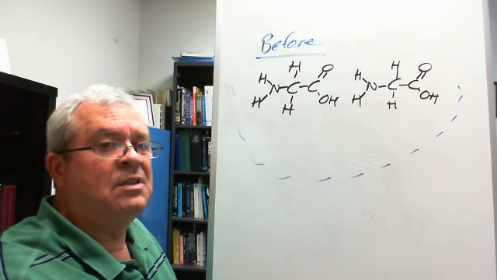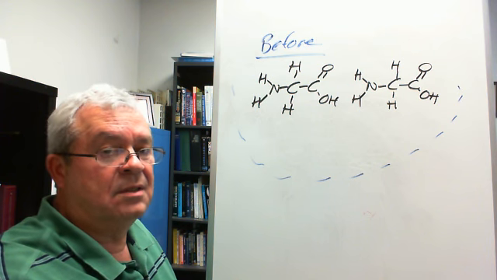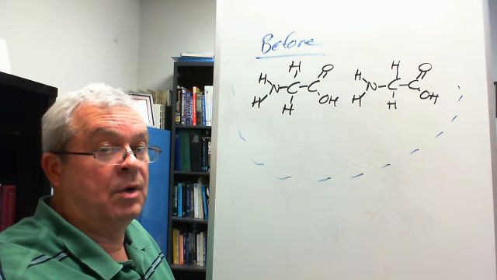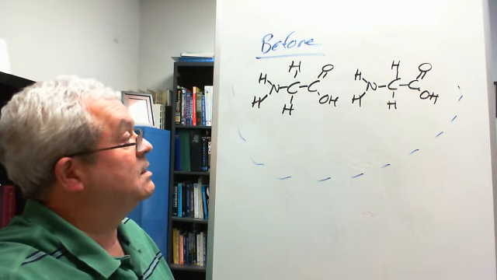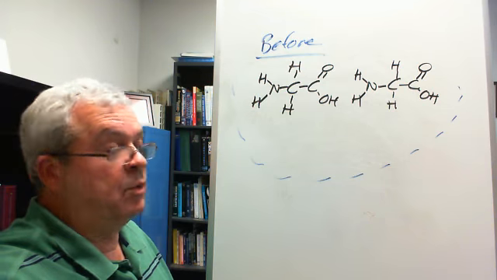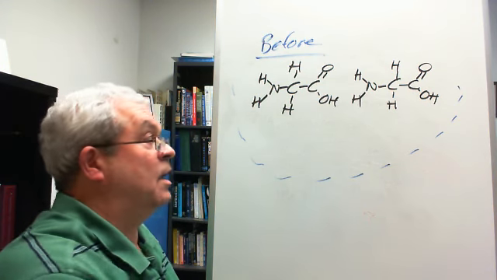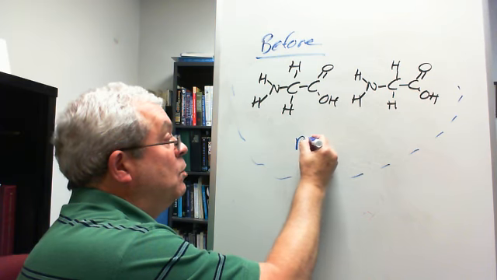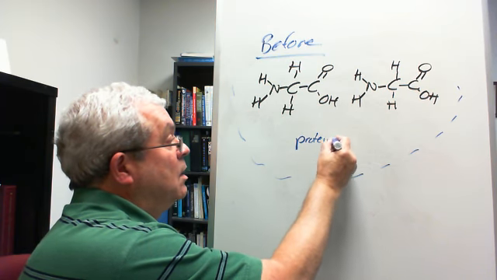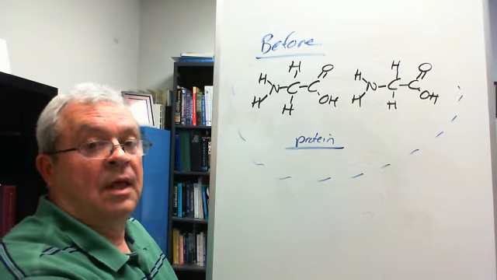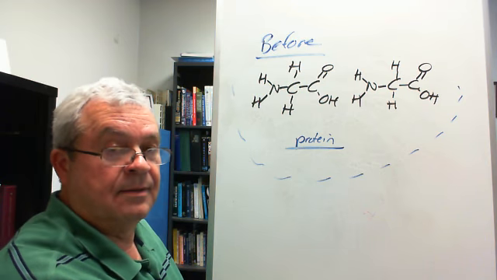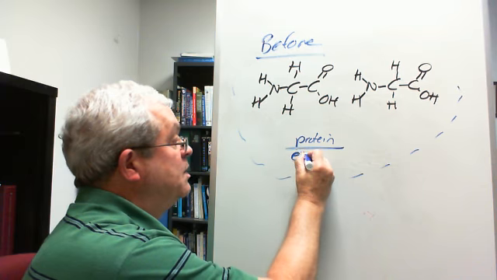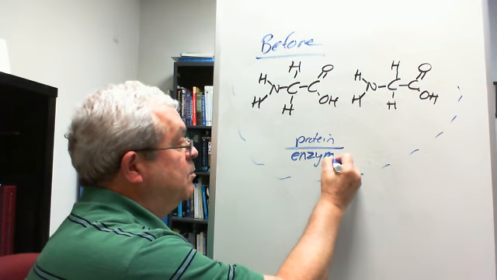There's only 4. So it's got to be one of those 4. Is that right? Yes, it does have to be one of those 4. So these huge worker molecules happen to be huge protein molecules. And they have a specific term for them, and they are specifically called enzymes.